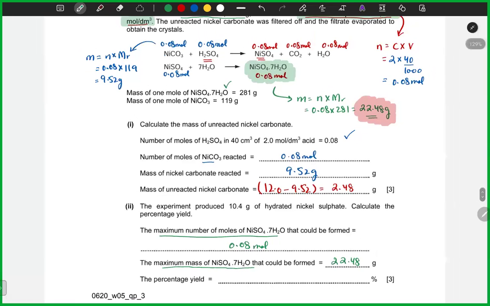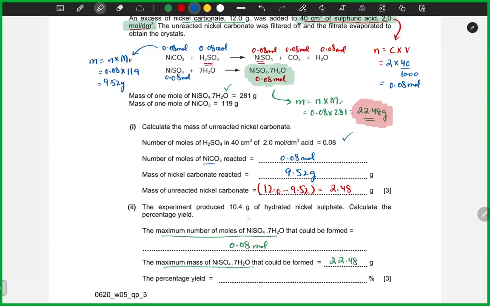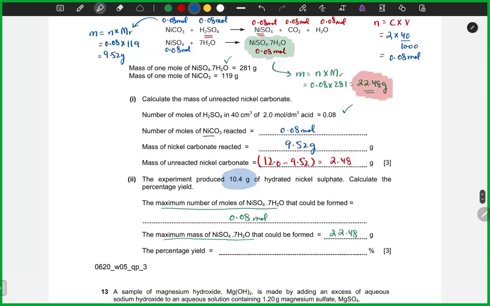Now what does the question state? The question states that what he's getting is 10.4 grams, not 22.48. So we're going to find yield. What is yield? Yield is actual over theoretical, times 100. The actual is 10.4. Theoretical is the one that I calculated on my calculator, my calculator says I should be getting 22.48.